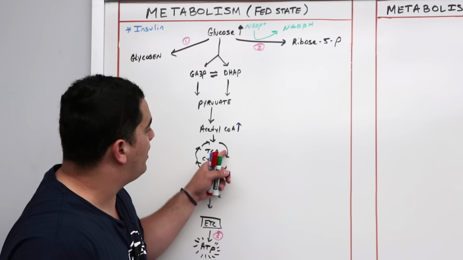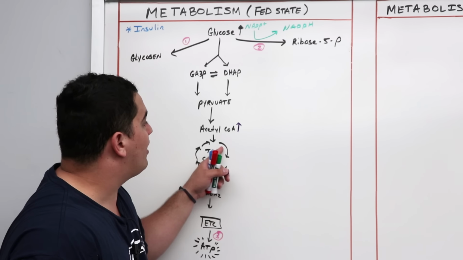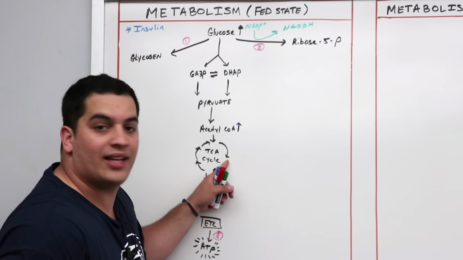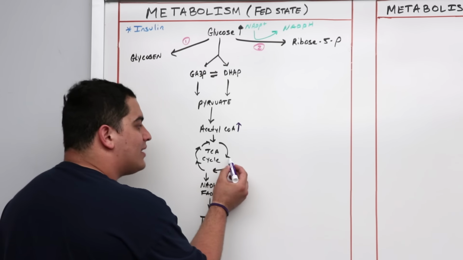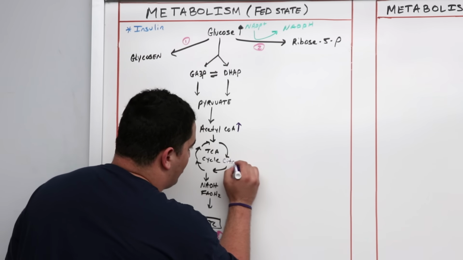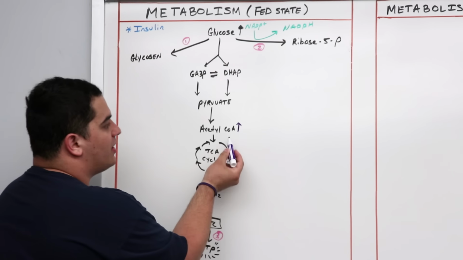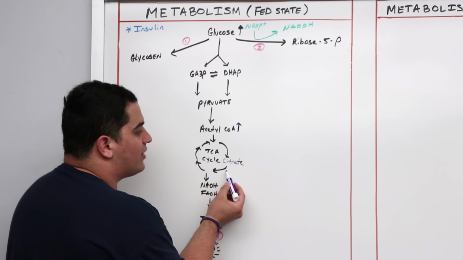You have citrate and then isocitrate and then alpha-ketoglutarate. Well, the citrate is not going to be able to convert into isocitrate.